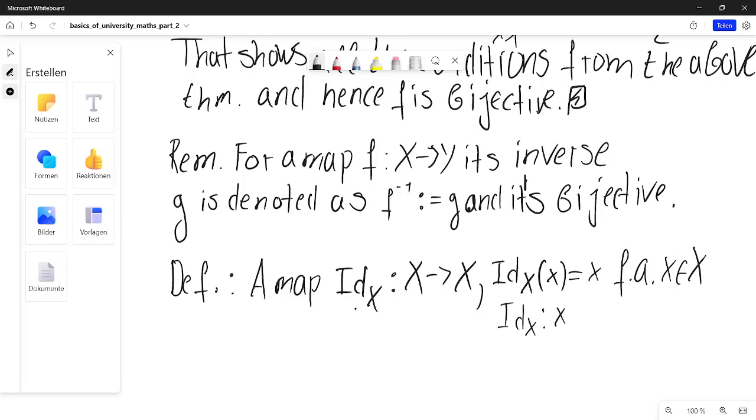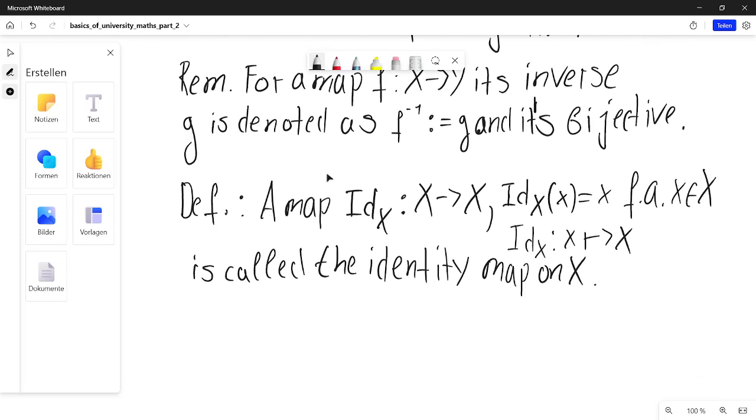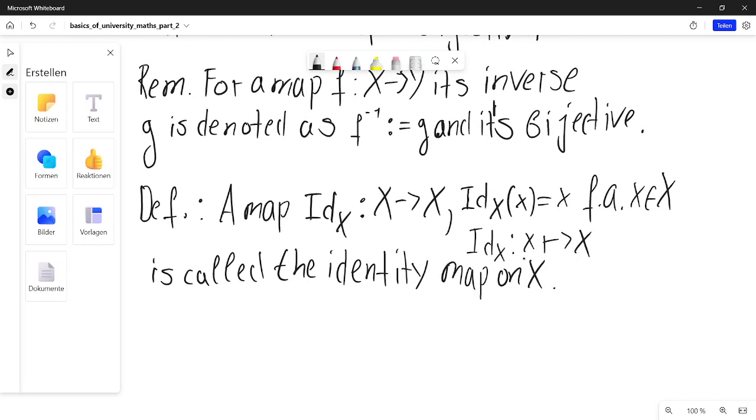You already used all these notations, you understand what they mean. It's called the identity map. It is of course unique because it is defined by this relationship. Identity map on X, but of course it's important that it is on X. Another set would be another identity, of course. I already know what equality of maps means, so you know that.